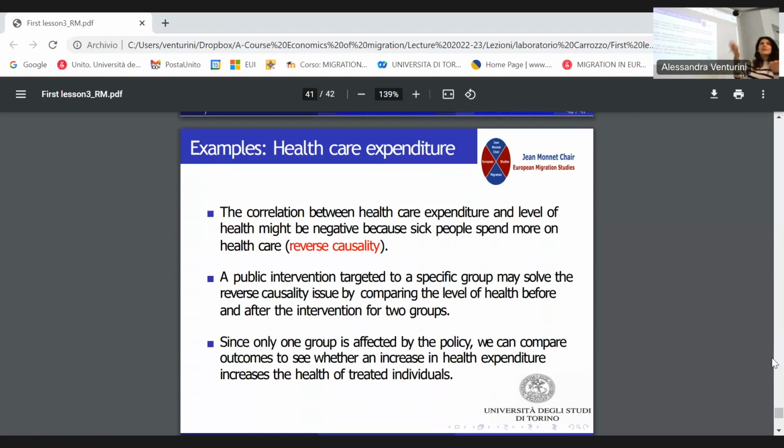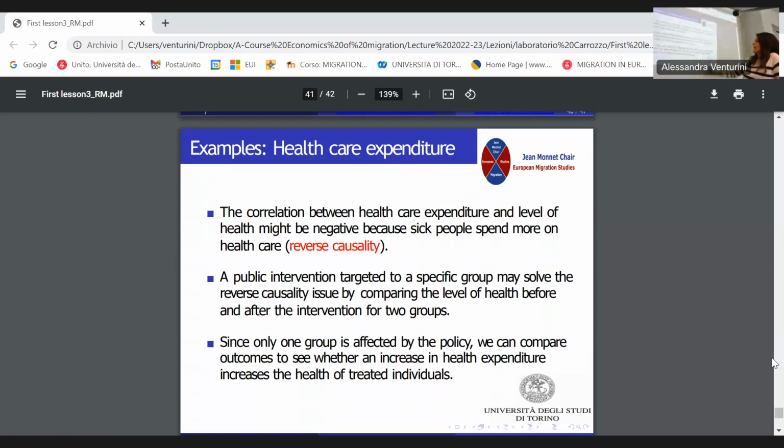But maybe the firms that employ more migrants are bigger. So this is a reverse causality, because you don't catch the effect of migrant workers on value added, but you catch the effect that the firms that hire more migrants are bigger and have higher value added. So it's not causal. For me it is an important problem, the reverse causality, in order to do good research.